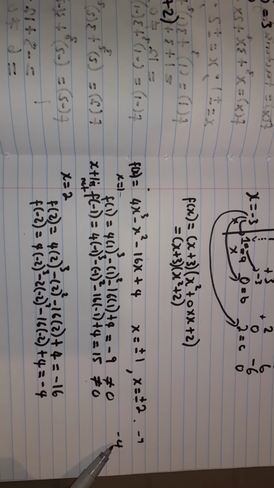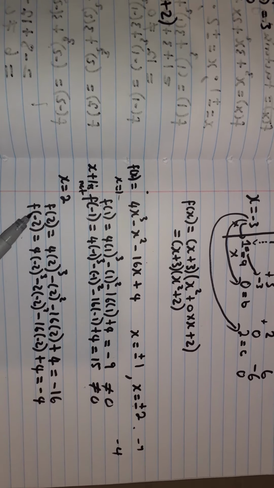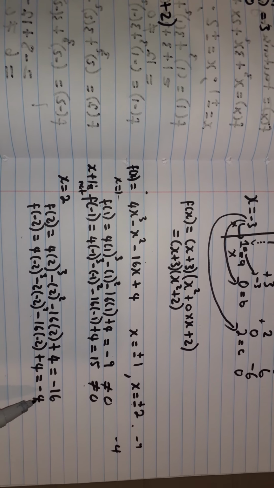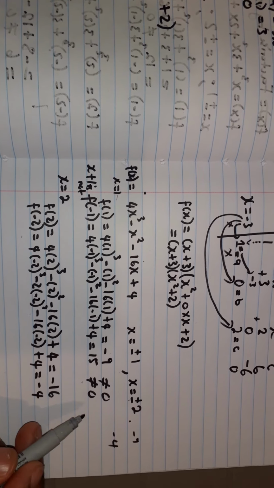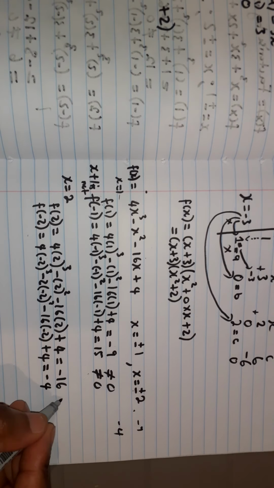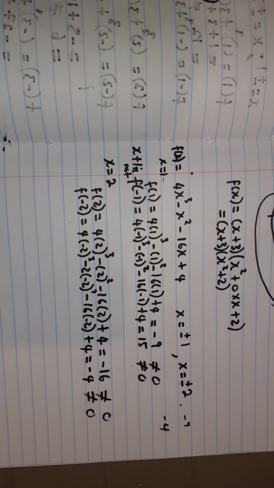But if we substitute a big positive value, we get a very negative number. So we can see these two do not work. They are both not equal to 0.